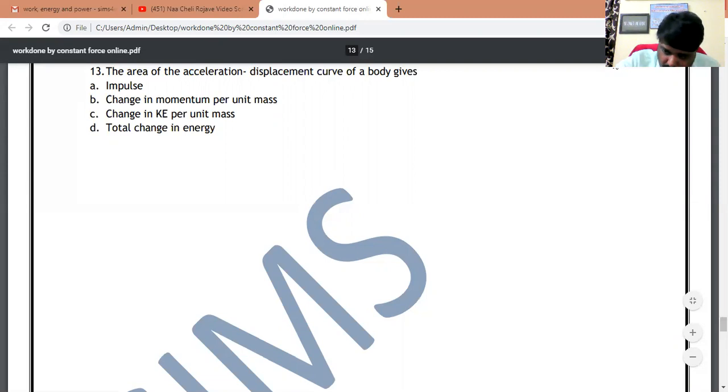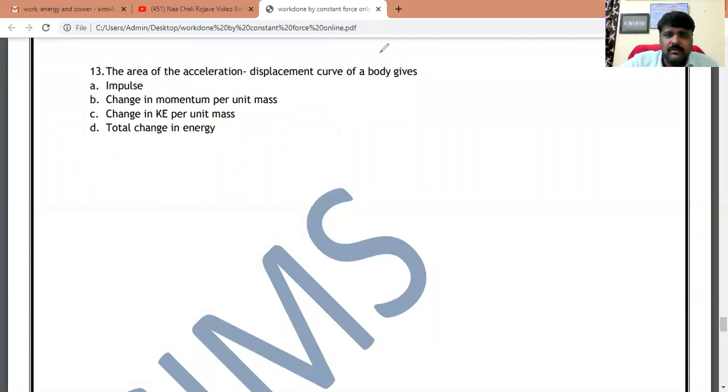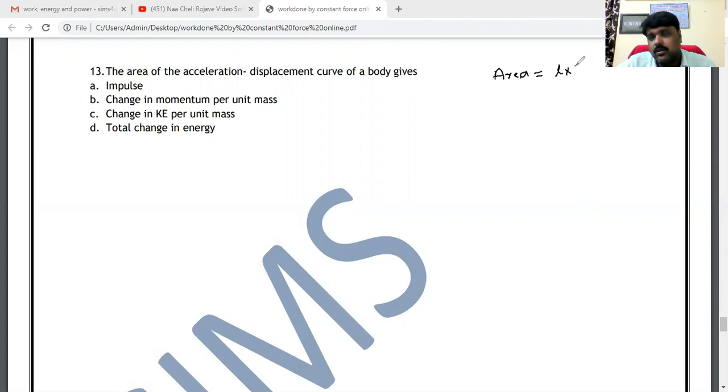Now, for area of a rectangle, length into breadth. That means if we have a product, we can get its area. Let us take that as a basic concept for our question.